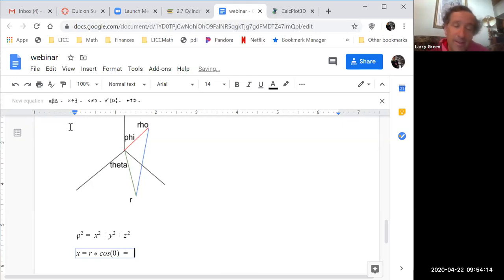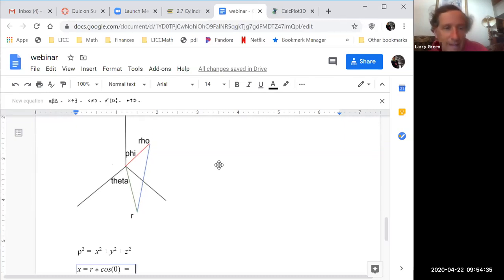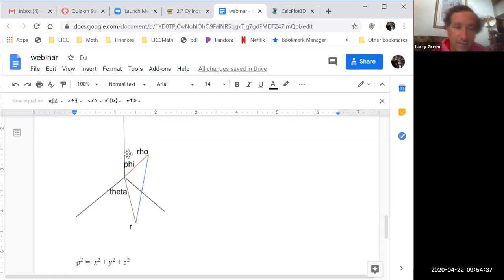The problem is r is not allowed. R is cylindrical coordinates, not spherical coordinates. So we need to figure out what r is in terms of spherical coordinates. And that's another reason why I drew this picture.